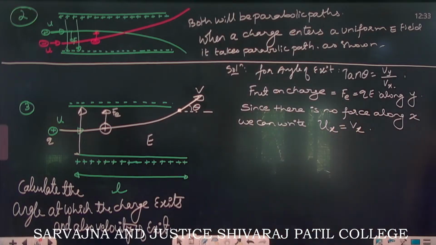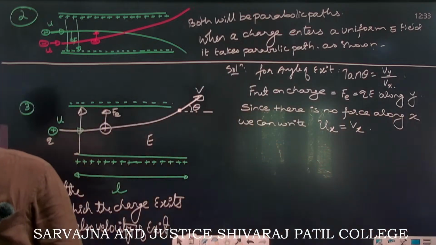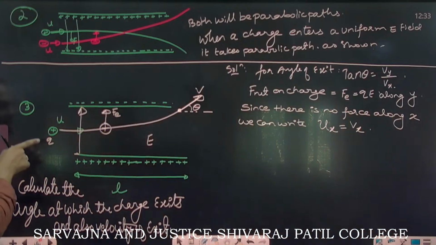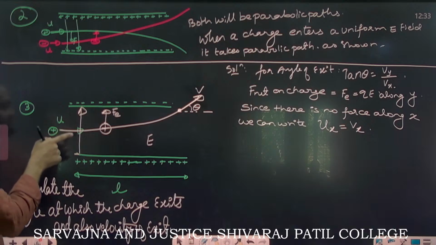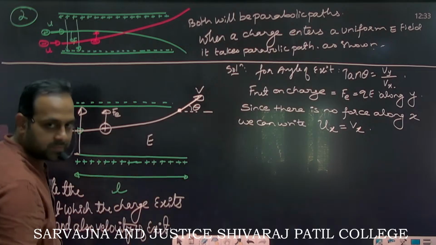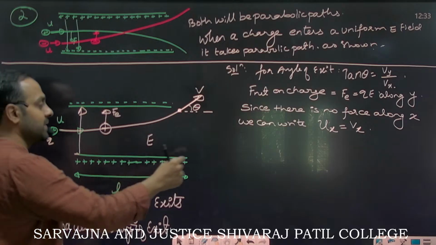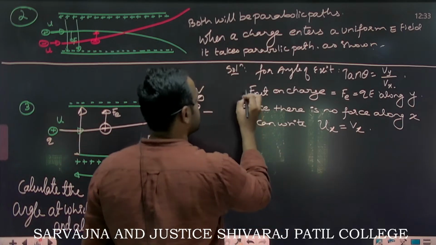Similar to projectile motion, since there is no force along the x direction, what do we write? We write that the initial velocity when entering in the horizontal direction is equal to the final velocity while exiting, along the x axis. So you write ux is equal to vx.